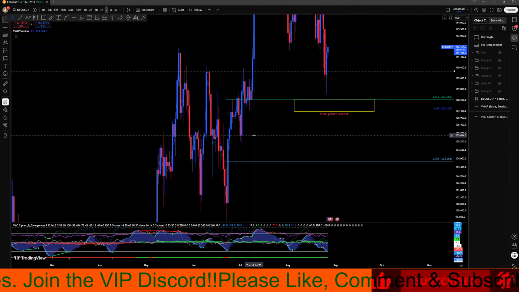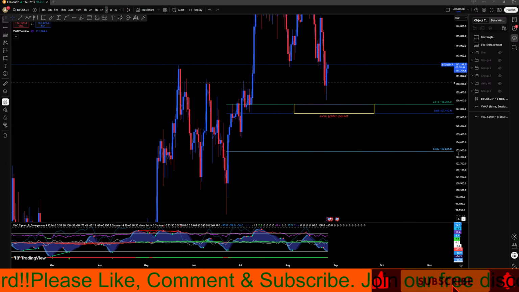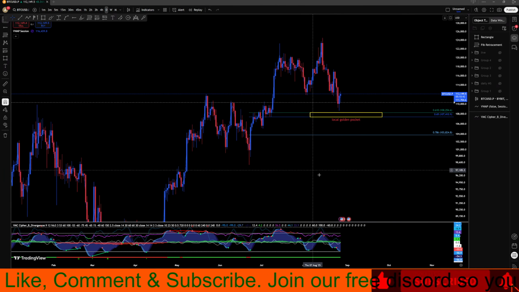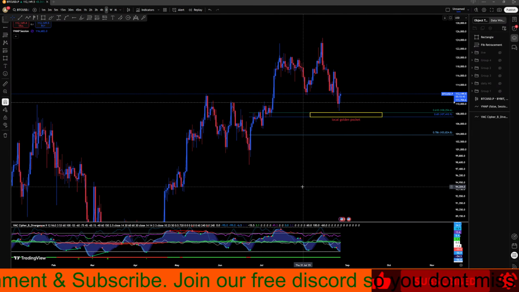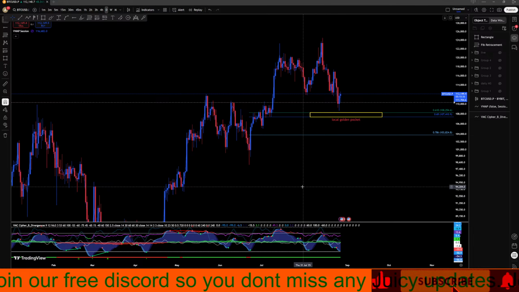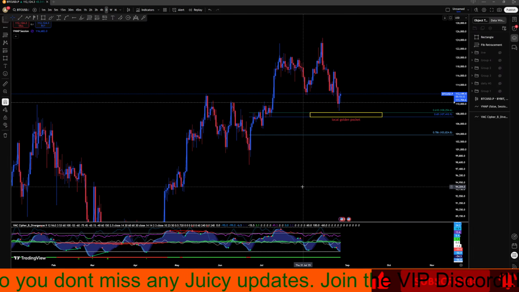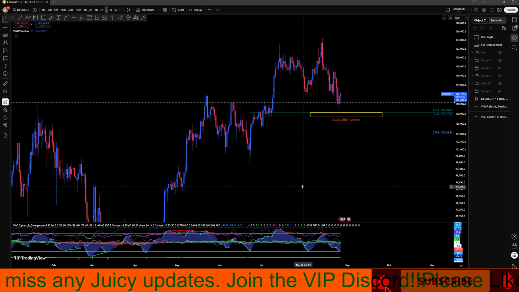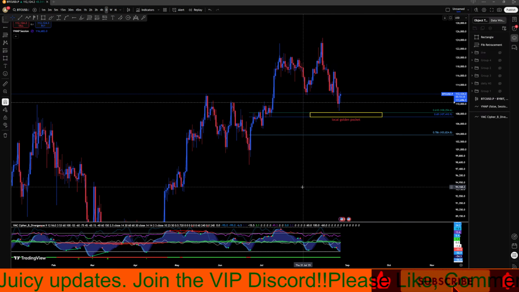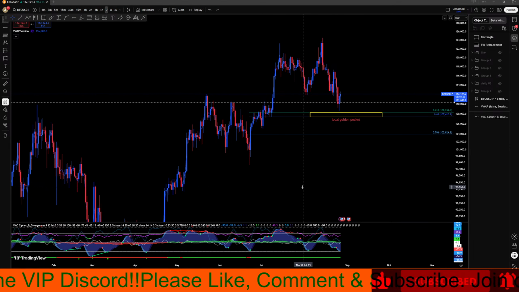So seeing that, you were so close to the golden pocket and you change structure on the lower time frames, that would be a confirmation for a long. Could we pump lower? Possibly we can, but time will tell.